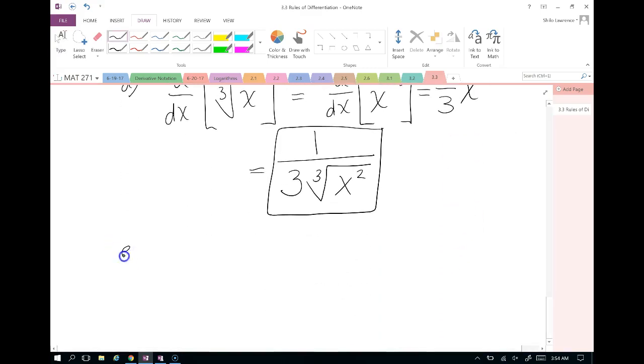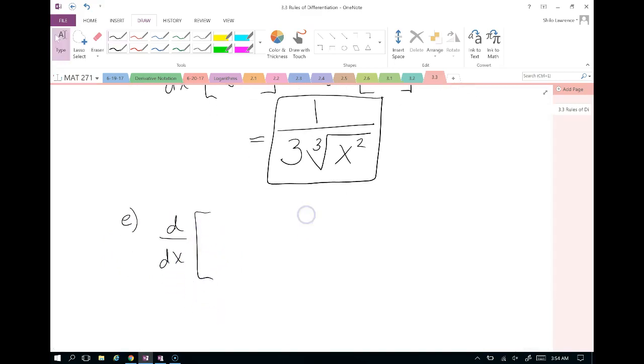Another thing we can use our power rule for are rational functions, as long as they're fairly simple. So if we have like 1/x cubed, I can use the power rule on that, but just like the roots, I need to rewrite it first.